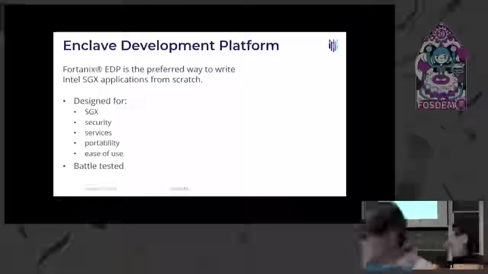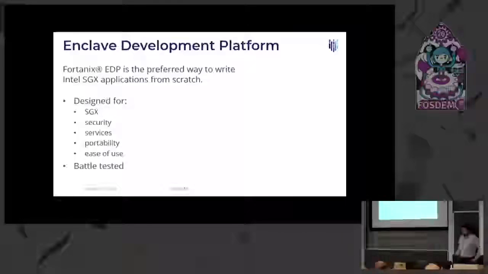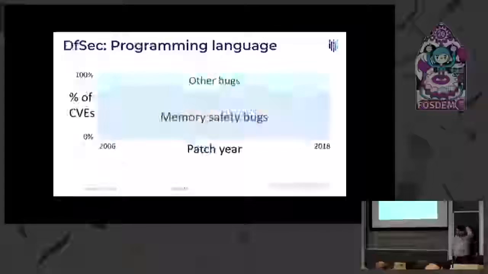Okay. So let's start with designing for security, right? One of the interesting things when you look at security is which programming language you can use. This is a picture from Microsoft, where they showed all the bugs in their software over the past 12 years, which were caused by memory safety issues and which were other types of bugs.